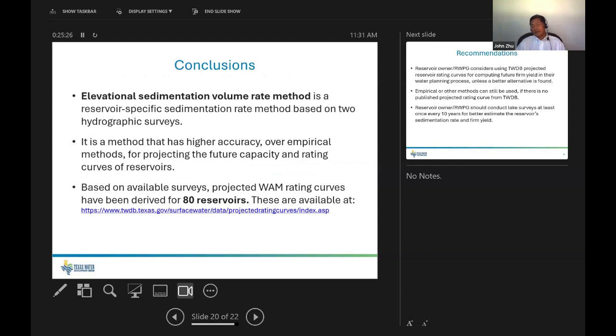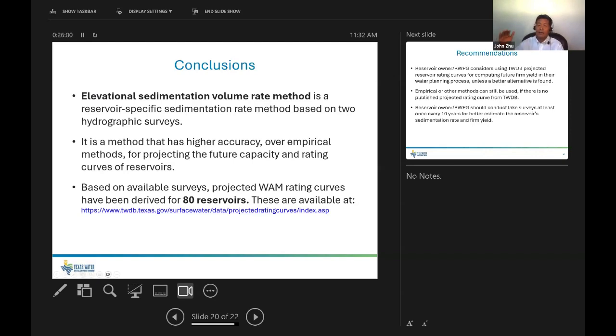So what we can conclude over here is our method, the reservoir specific sedimentation rate method, is based on two hydrographic surveys, one old survey, one new survey. Or if the reservoir is sediment surveyed, one is good enough because by taking out the sediment, we can get the original reservoir capacity reaching curve.